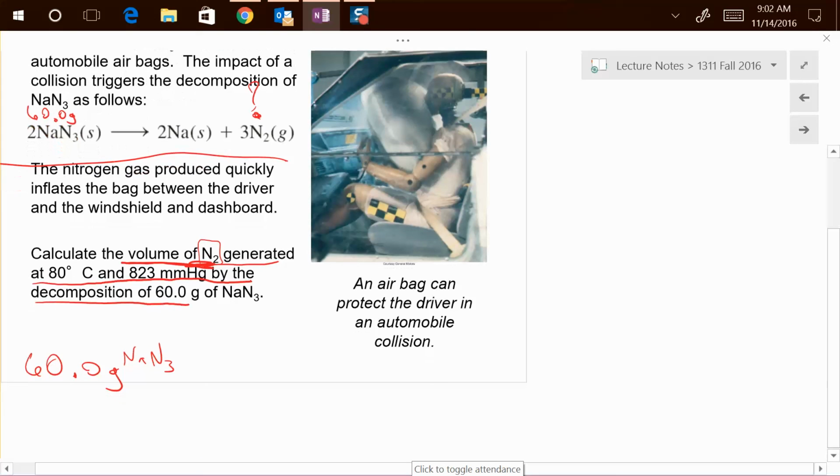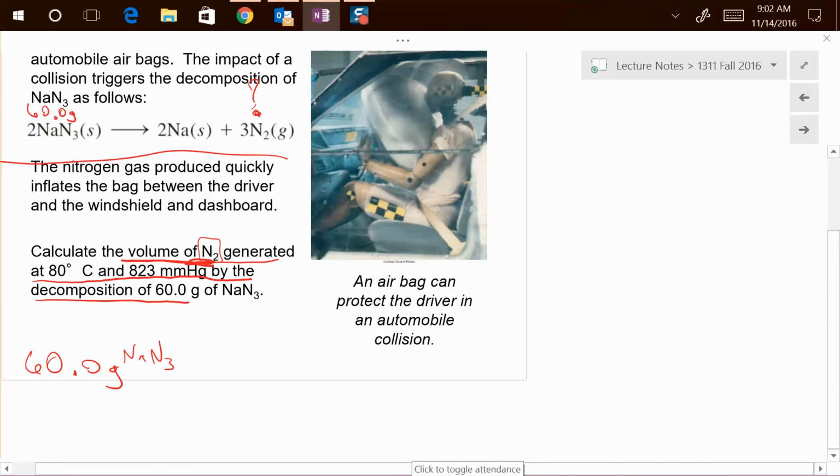So how would you guys do it? What would be your first step here? Can we do anything when it's in grams? Yeah, so that's going to always be my first step, right? Because I can't relate it at all to this chemical equation if it's in grams. I have to put it in the moles. So first I'm going to go to the moles of NaN3 from the grams of NaN3.